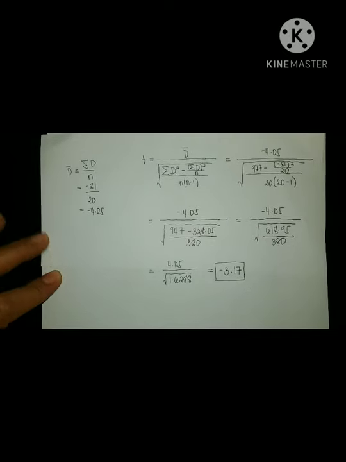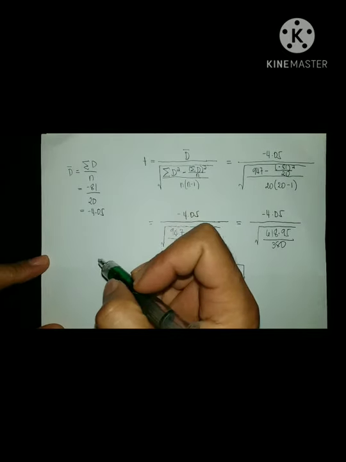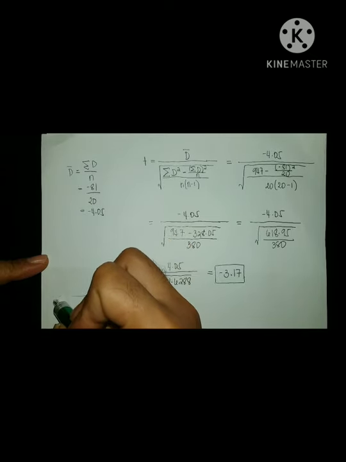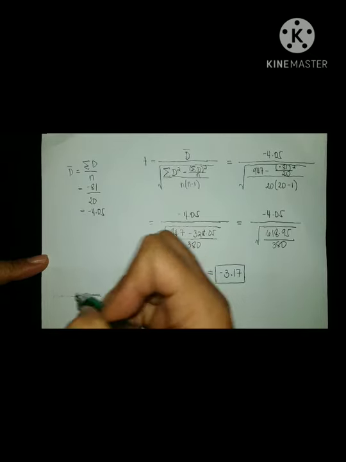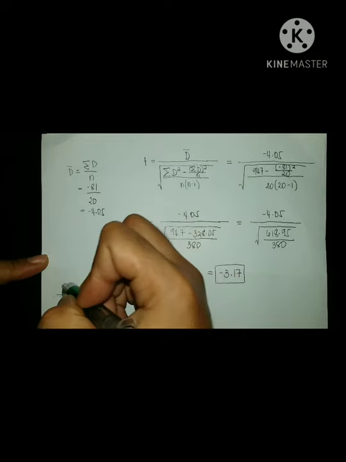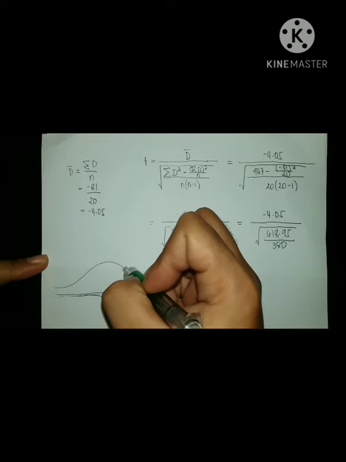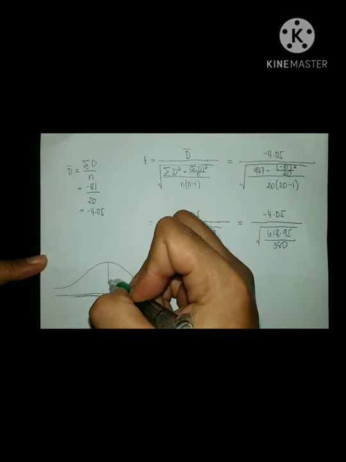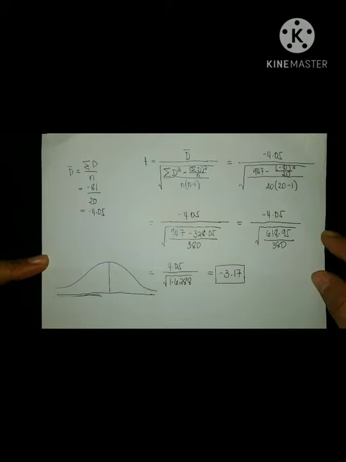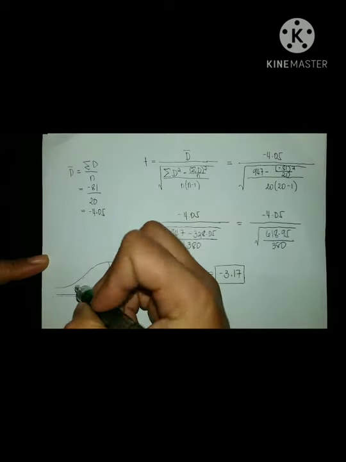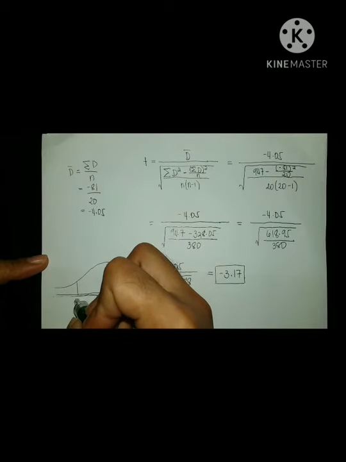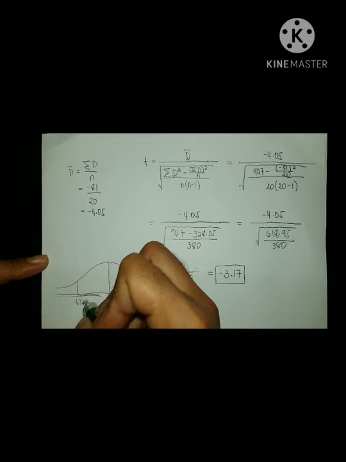So for example, since that is a negative, the mean will be here, and then the t-tabular value is negative 1.729. Let's just say negative 1.729 is located here.